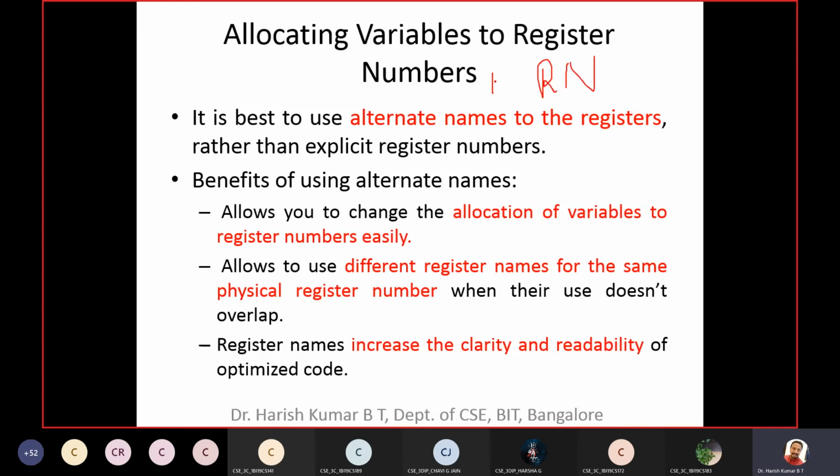Say, for example, I is the alternate name I need to give for the register R0, then I write it like this: I RN 0. Now I is the alternate name used to refer to the register R0. This is one more thing you can use for increasing the clarity and readability of the optimized code.